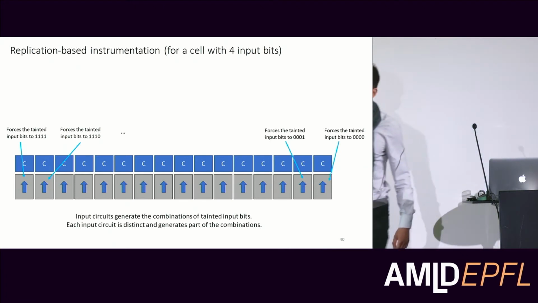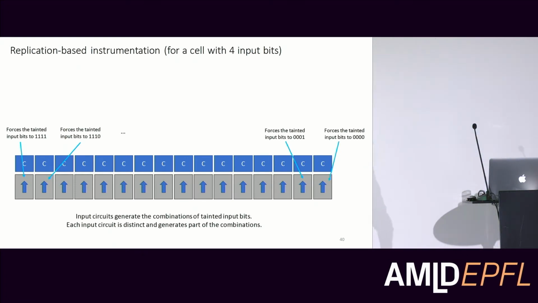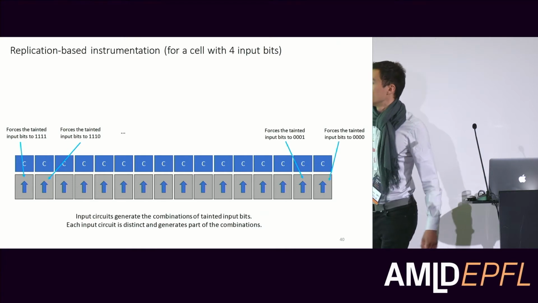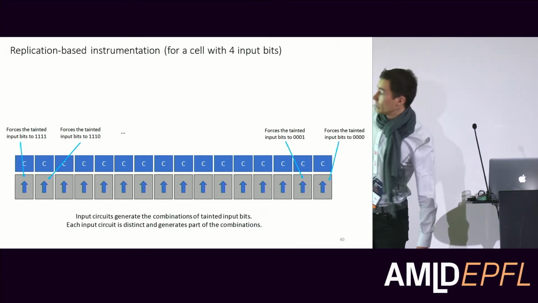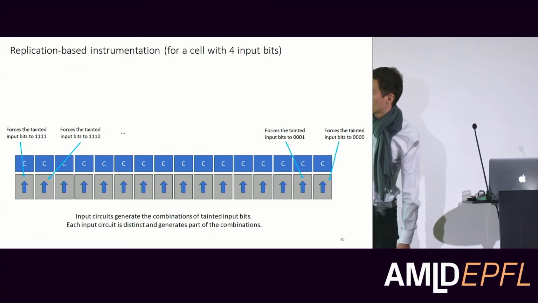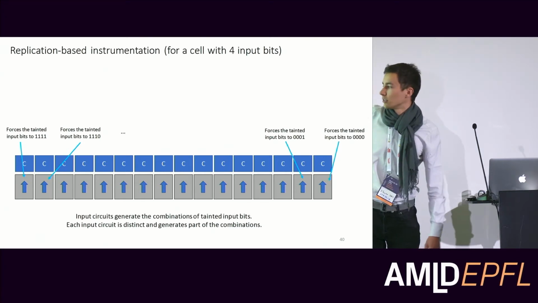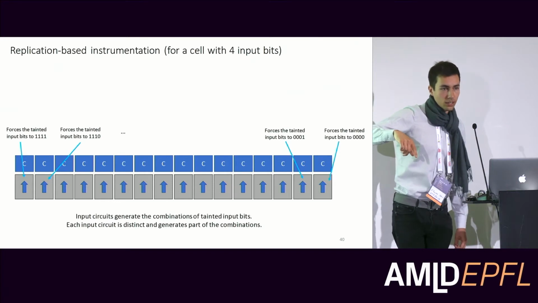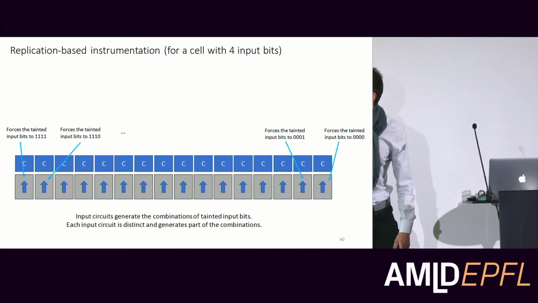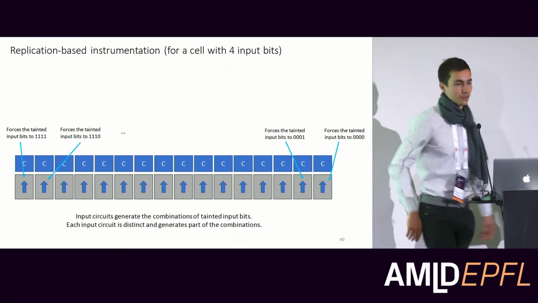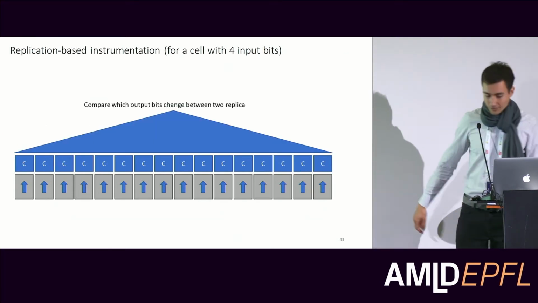So all the C's are exactly the same cell as the original one. For example, if it was an addition, then C is an addition, addition, addition, etc. The only difference between them is the input that I give. So here I force all the orange arrows to be 0. Here I force all the orange arrows to be 0 except the first arrow, etc. So you have 16 combinations. And then you just compare the outputs.